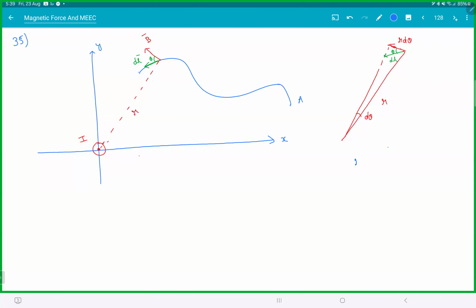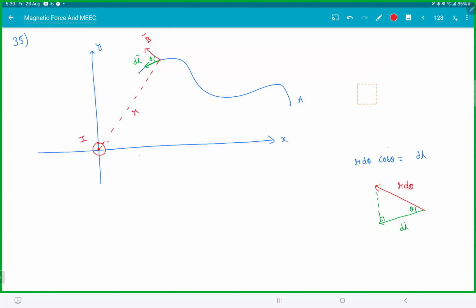So you can say R d theta cos theta is dl. Is that making sense? Meaning the vector is like this. This is your R d theta, which is tangential. dl is something like this, and this is the angle between them. So the projection of R d theta on the tangent is R d theta cos theta. Is that making sense?